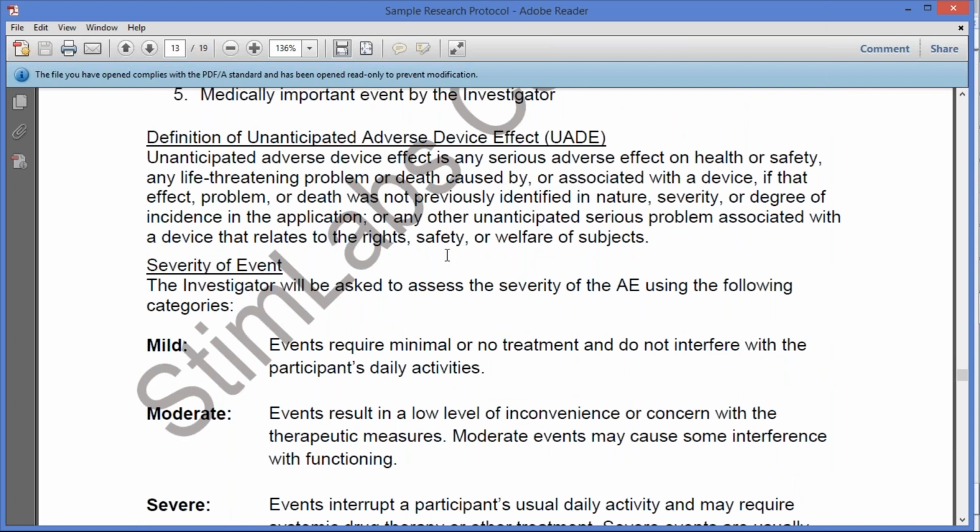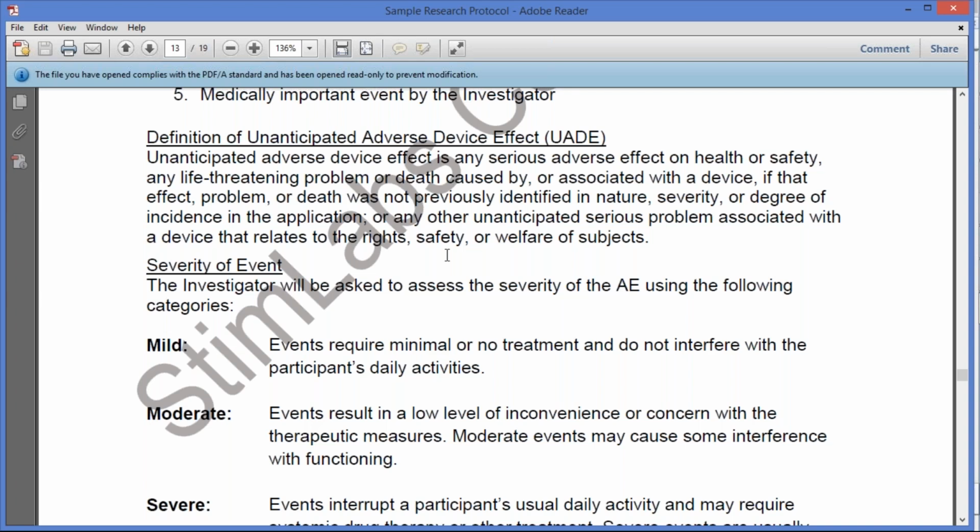So whenever you have a new adverse event, we need to know whether it is expected to occur, or is it a new one. So whether it is anticipated by nature, whether it is already known by nature, by frequency, by intensity.